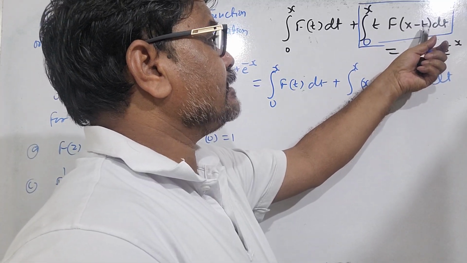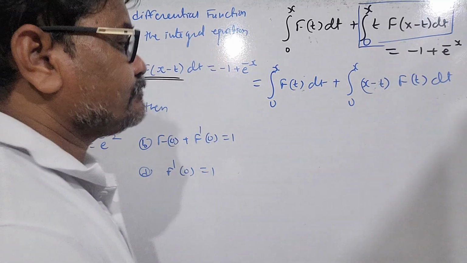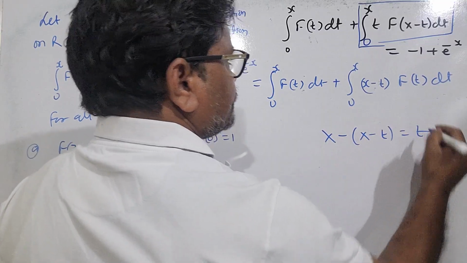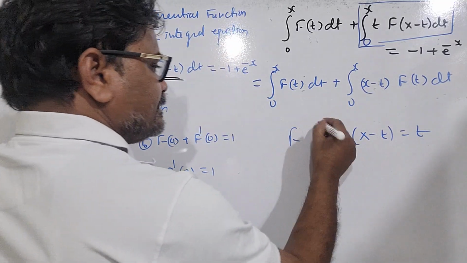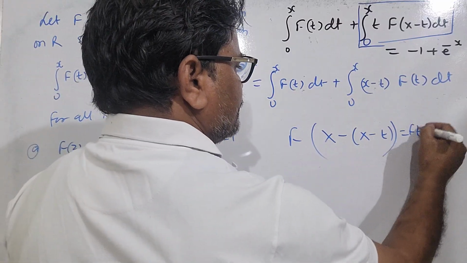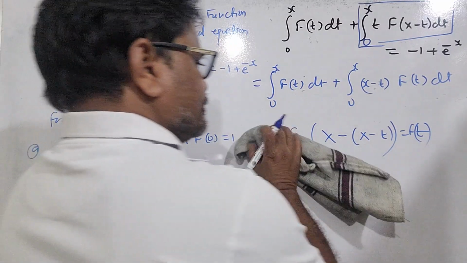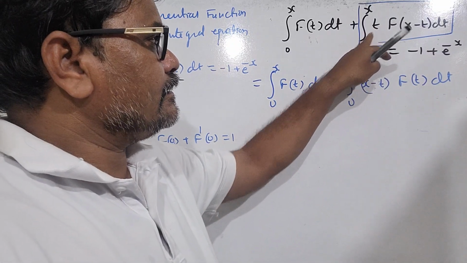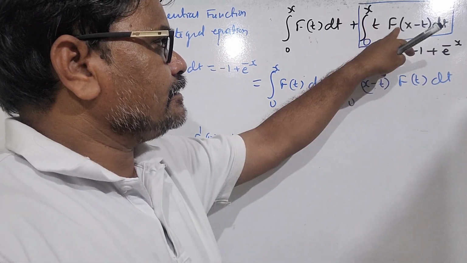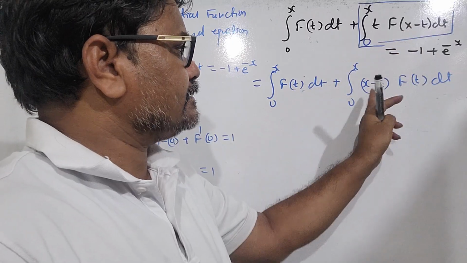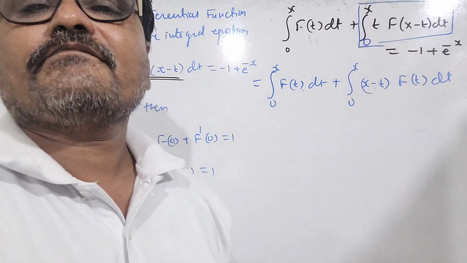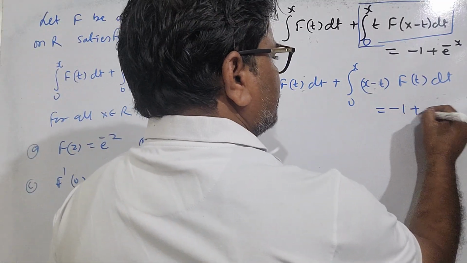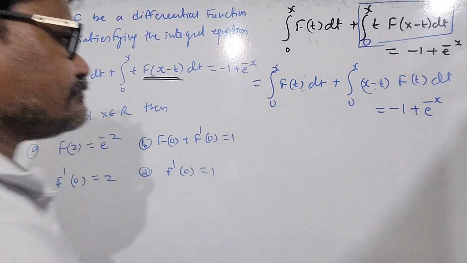So t is replaced by x minus t, so x minus t becomes t, and f of (x minus t) becomes f of t, by using the King formula. This step you understand. So that is equal to minus 1 plus e to the power minus x.